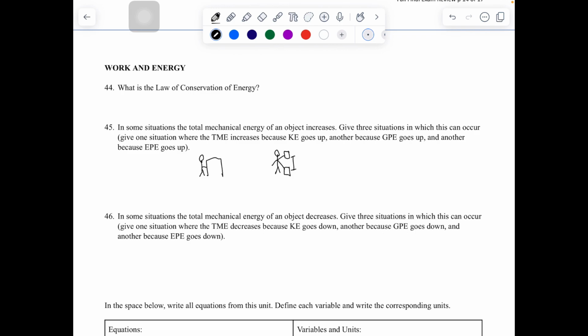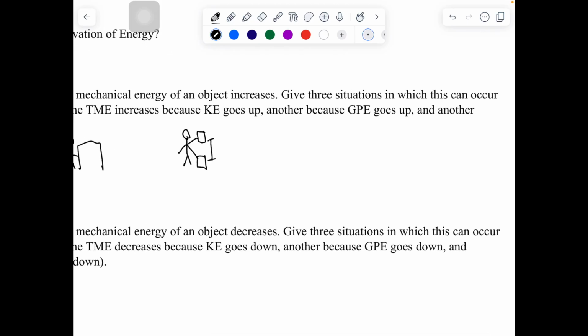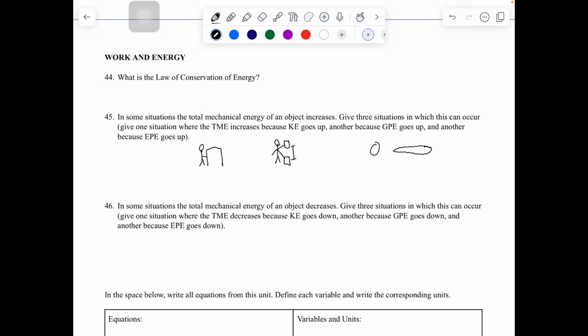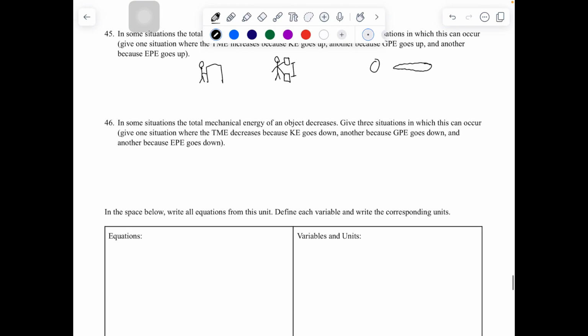Again, I did work increasing the energy of the system. If I take a rubber band and I stretch it, here's a rubber band that's normal, here's a rubber band that's stretched. If I stretch it, I have again done work on the rubber band, giving it some of my energy.